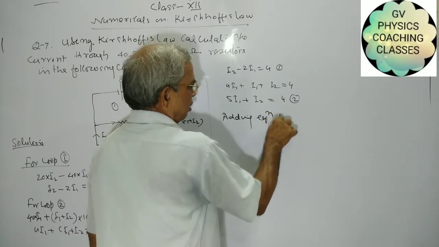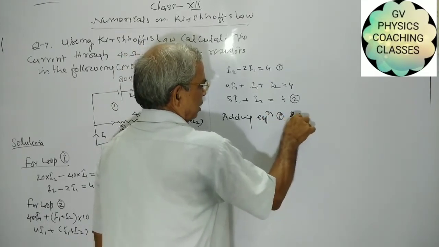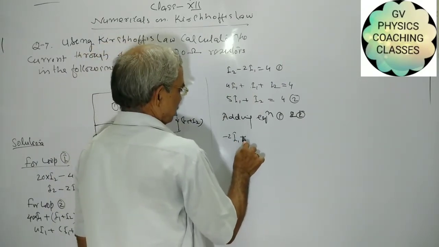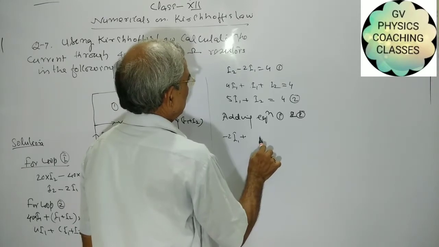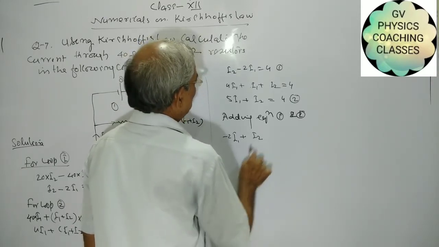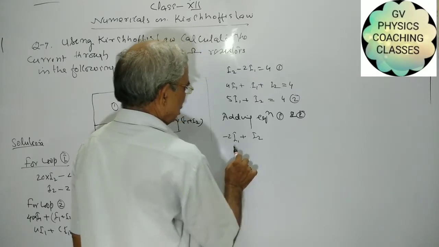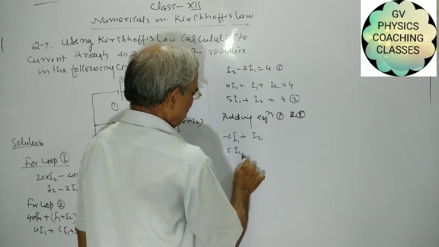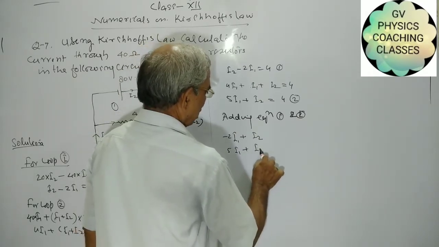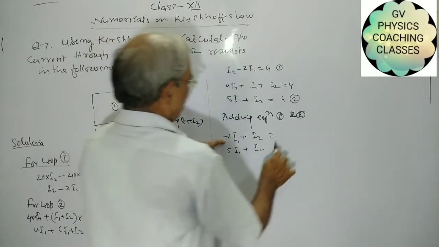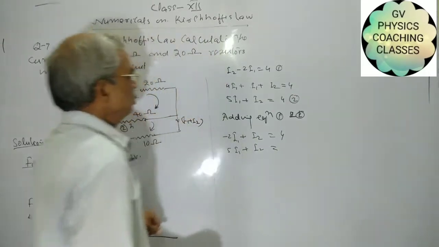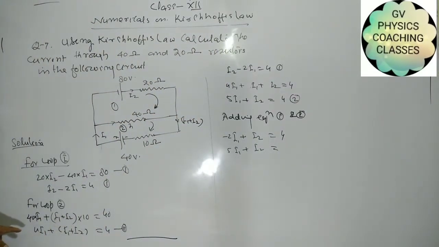Adding equation first and second. First equation minus 2I1 plus I2 and 5I1 plus I2, this is equal to 4 and this is equal to also 4.